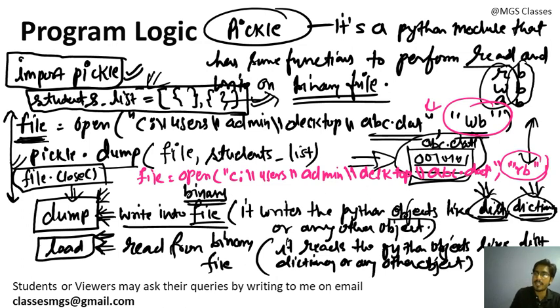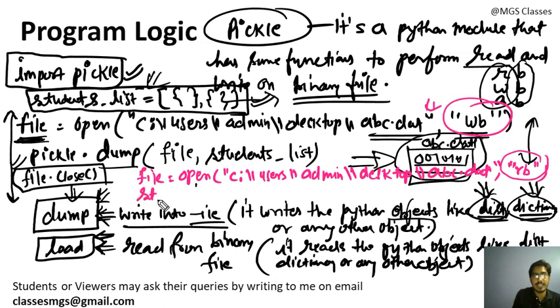Now what method do you use to read the Python object that is stored in this file? You can use this method, load. So to load the student list that we have stored previously using the dump method, you can directly read this list into some variable.